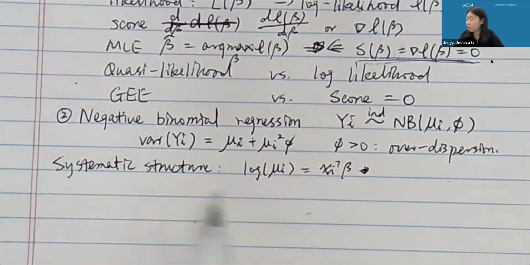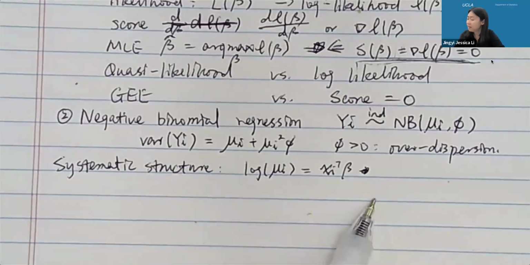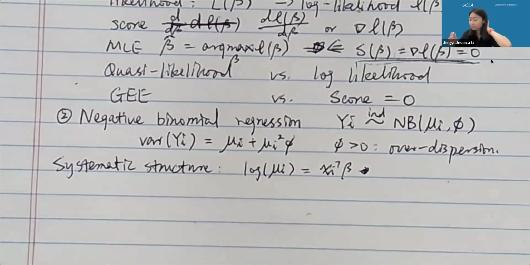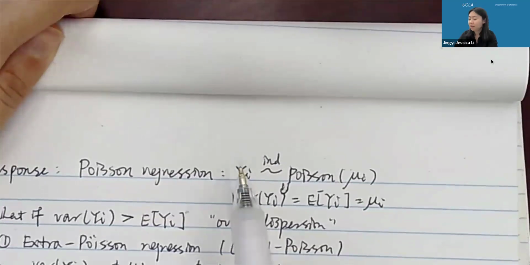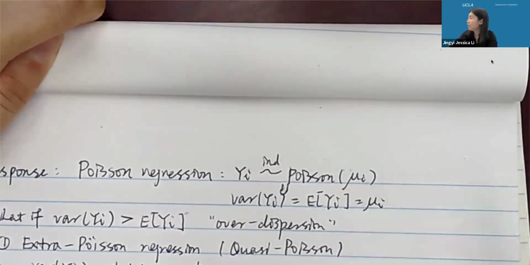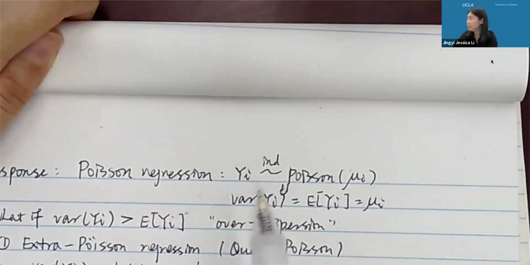Furthermore, besides over-dispersion, there's another issue we should consider in reality. That is the count you get for yi. So you have y1 to yn as n observations. There might be too many zeros. If you have that issue, what would you do?